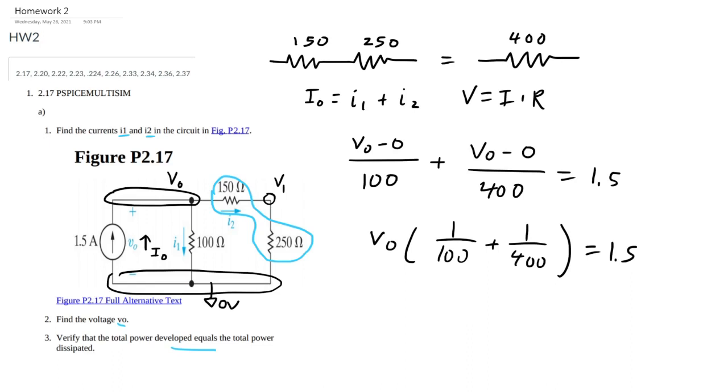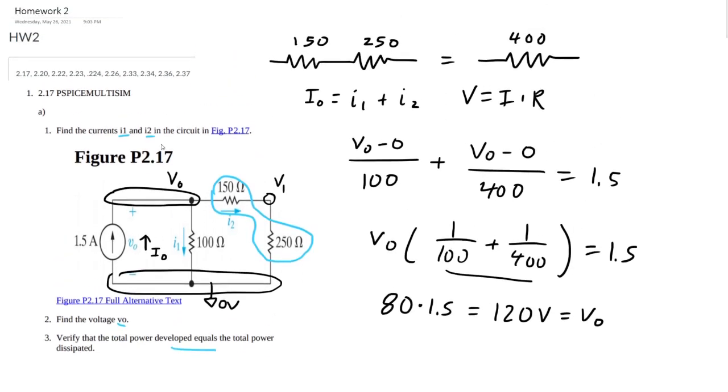So let's see. 1 over 100 plus 1 over 400 is 1 over 80. So 80 times 1.5 is going to be our output voltage. So that means 80 times 1.5, because this equals 1 over 80, equals 120 volts, which equals VO.